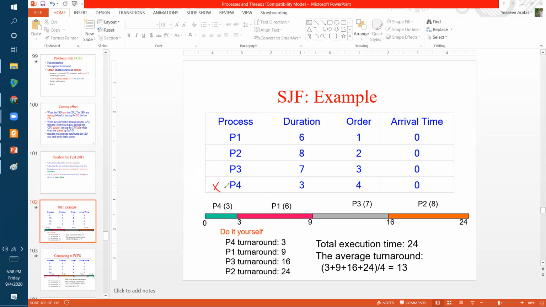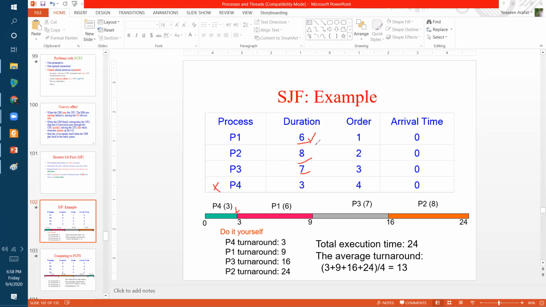The answer is obviously we need to find the lowest value of the duration time. So P1 will start because it has the lowest duration time to finish its job among P1, P2 and P3.